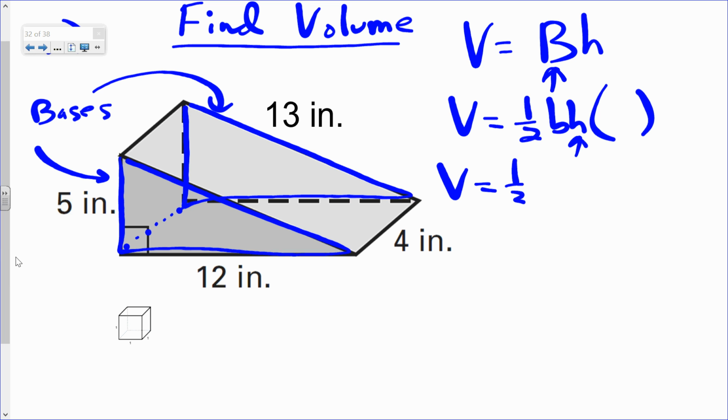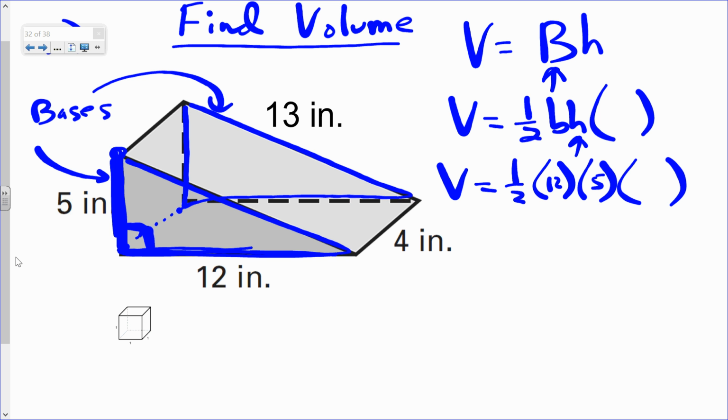One half, base of the triangle, 12. Height of the triangle, 5. Remember, the height of any triangle or parallelogram or trapezoid is always the perpendicular distance from the base to the opposite vertex. We went over that two days ago. So this is your height right here, that's going to be 5. Then the height of the prism is going to be 4.